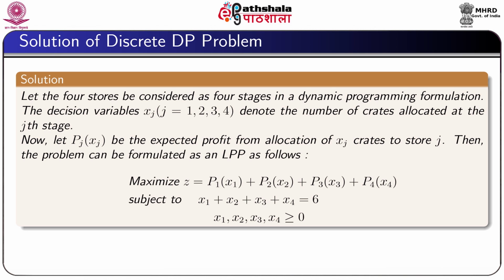Then the problem can be formulated as an LPP: maximize z equal to P1(x1) plus P2(x2) plus P3(x3) plus P4(x4), and obviously the constraint x1 plus x2 plus x3 plus x4 must be equal to 6, which is the total number of crates.